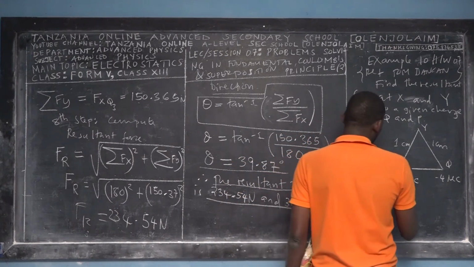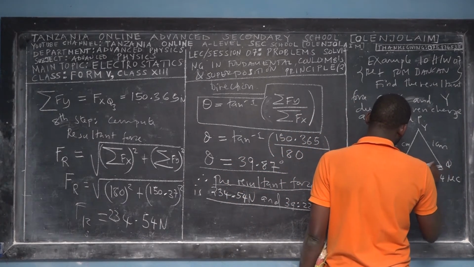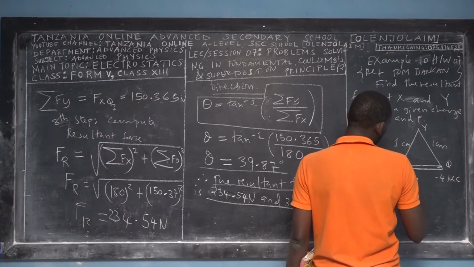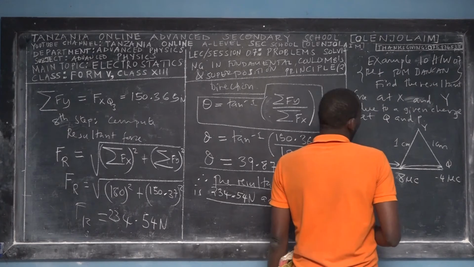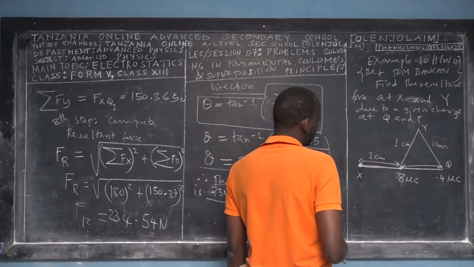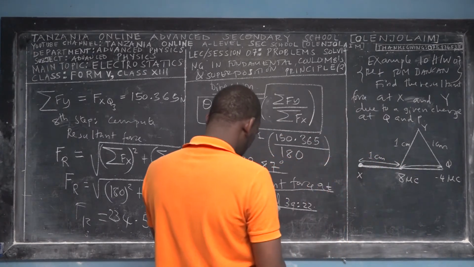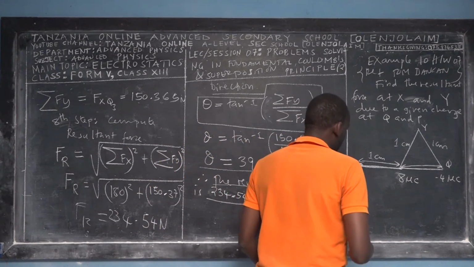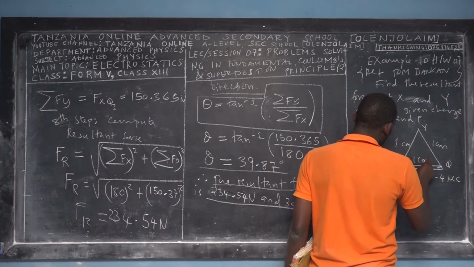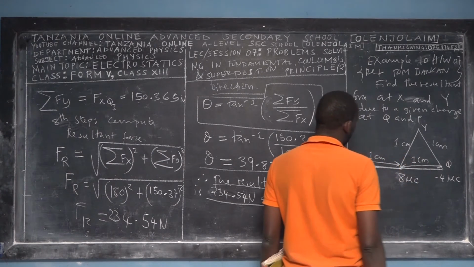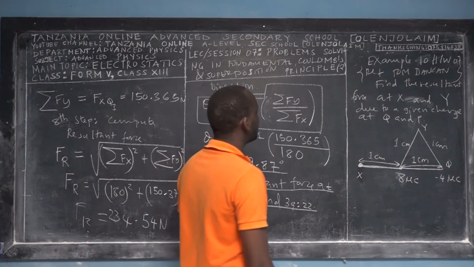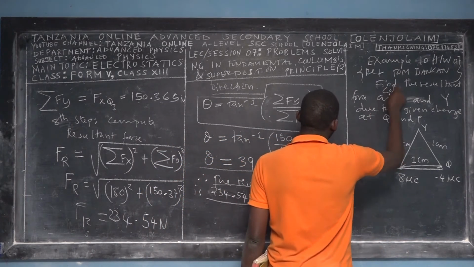The distance from here to here, on the line, has also been given as 1 centimeter. So this is also an equilateral triangle, right? And make sure you write that this is a conceptual question.